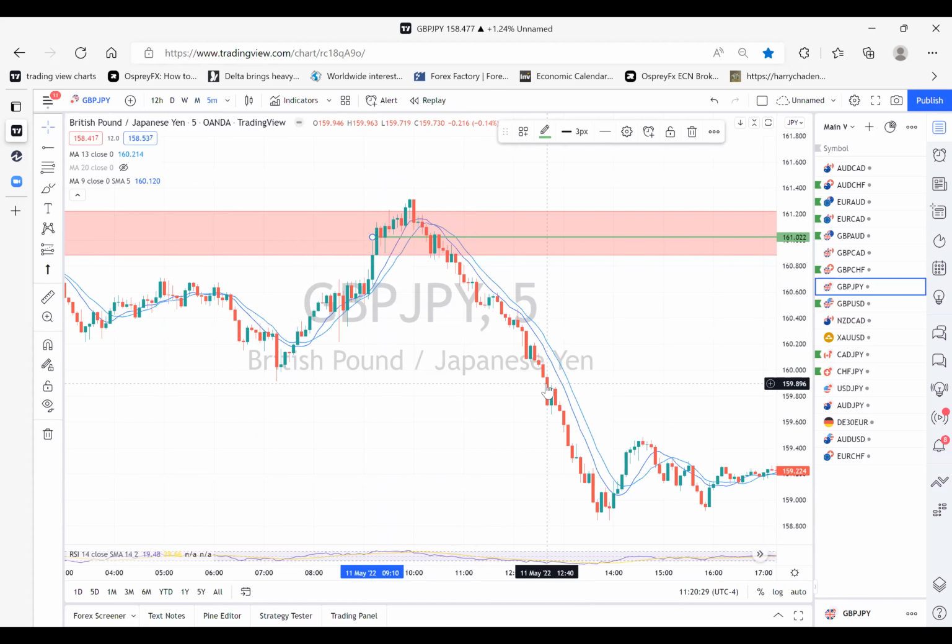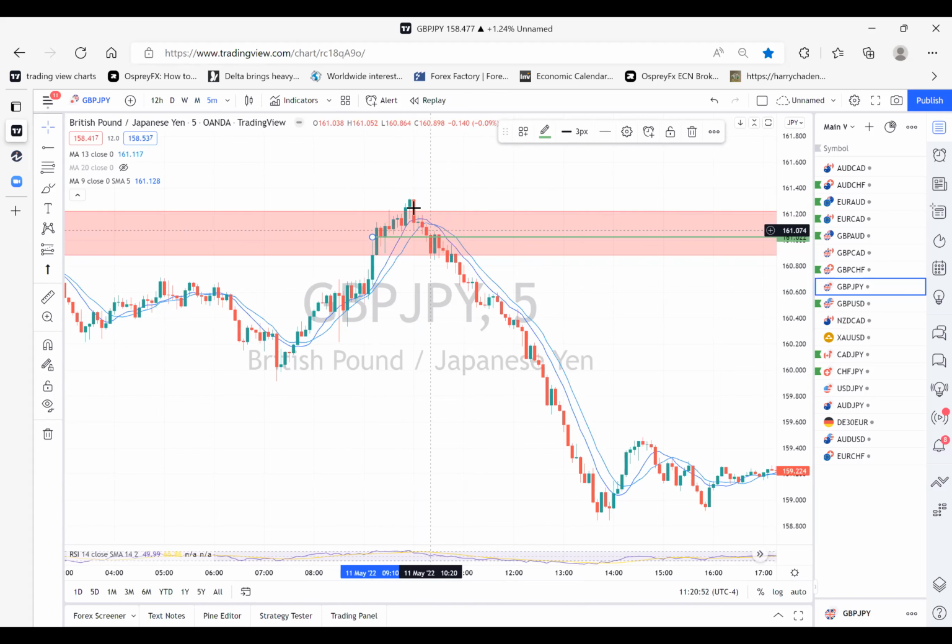Does that make sense? So on a smaller time frame, what you will see right here is a break of structure. Then you get the retest, that green candle, and then you'll sell off. Break of structure, retest, sell off.